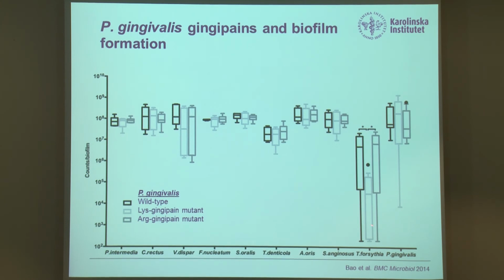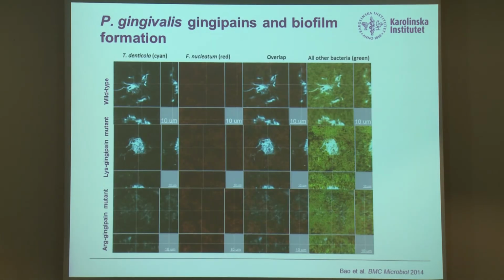It looks like P. gingivalis supports the growth of Tannerella forsythia, mediated by the lysine-specific gingipain. When this is removed, then Tannerella forsythia is not able to grow as well. So that's an example of, let's say, a symbiotic relationship between the two.